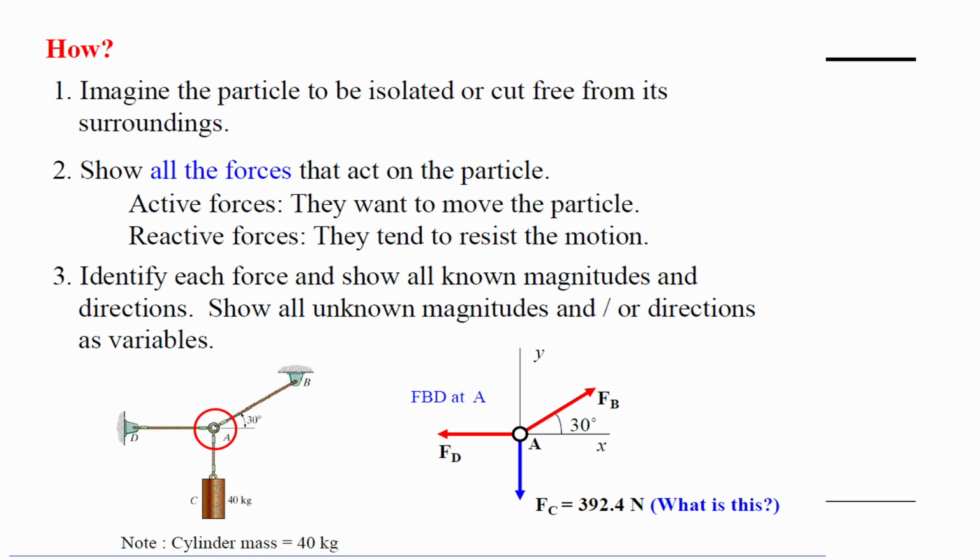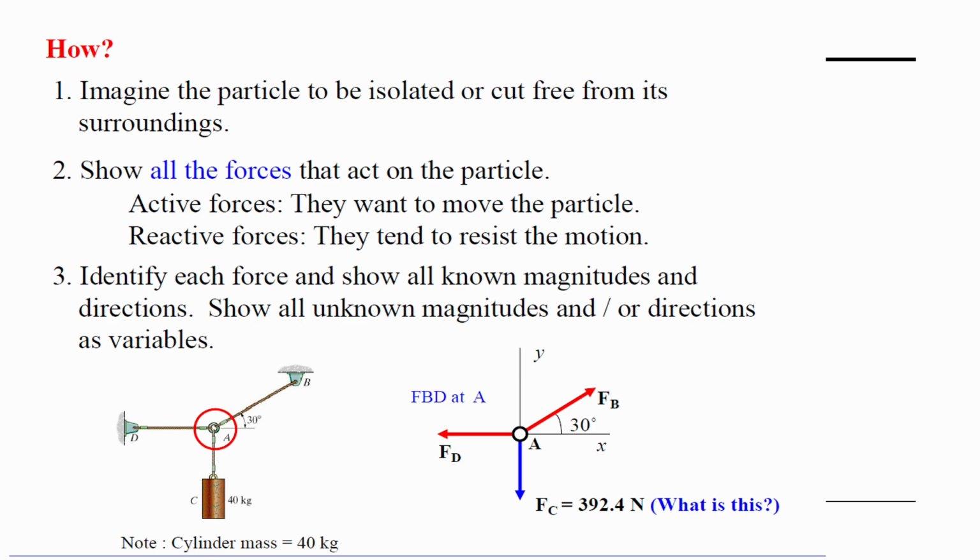So using Newton's third law, force of action is equal to force of reaction. That is our step number 2. Then the third step will be to identify each force and show all known magnitudes and directions. Show all unknown magnitudes and directions as variables.